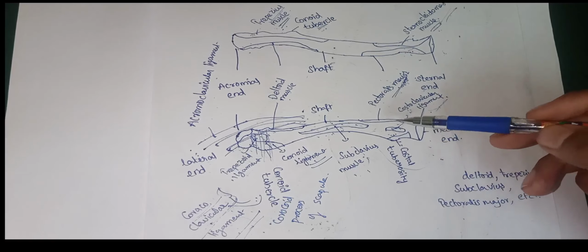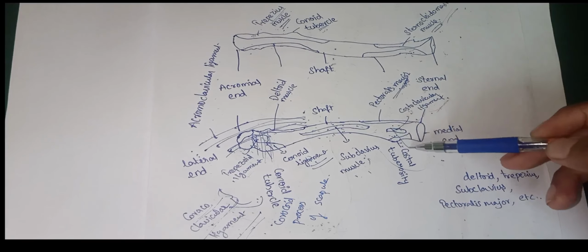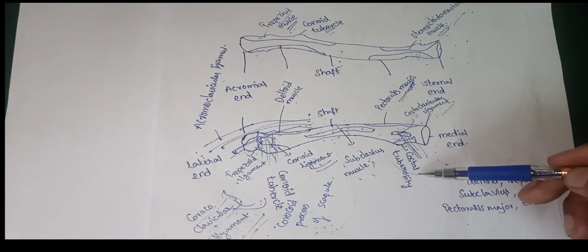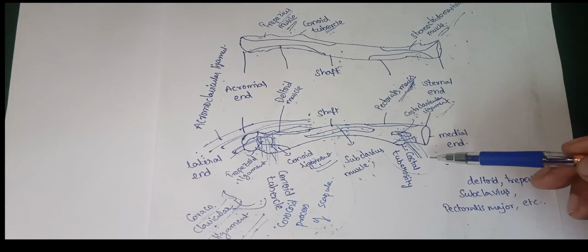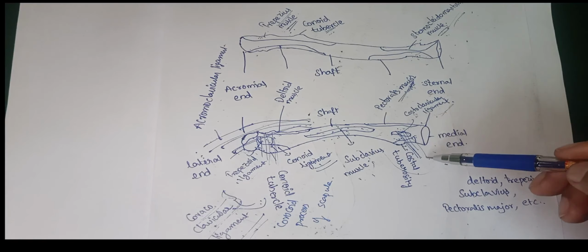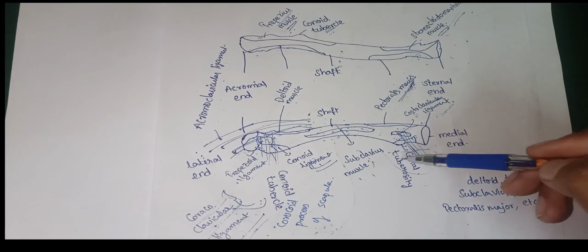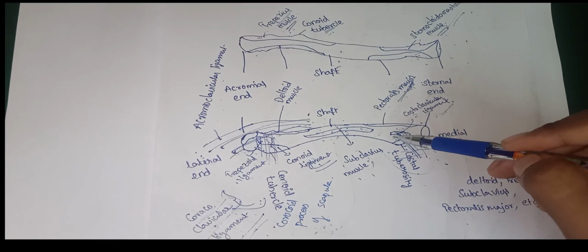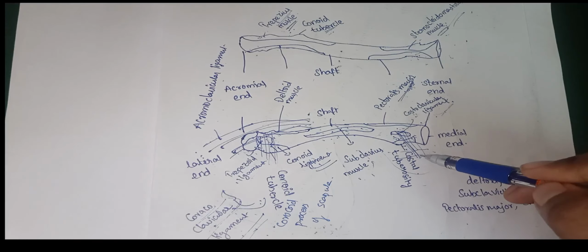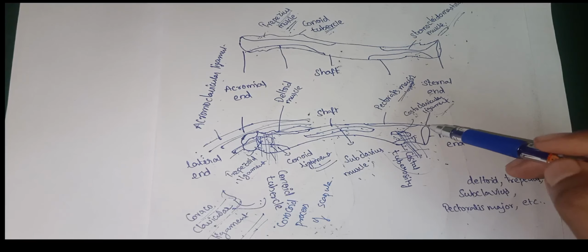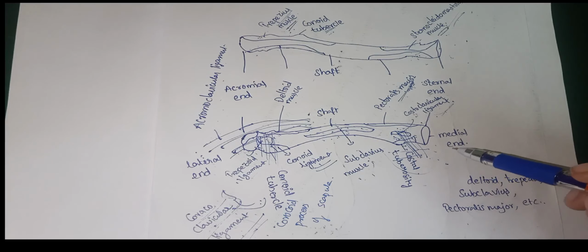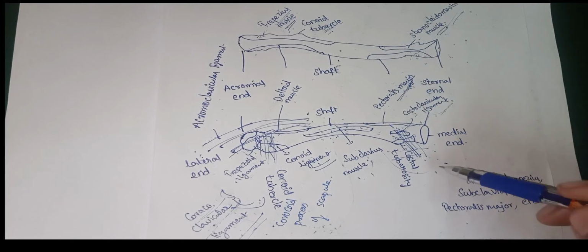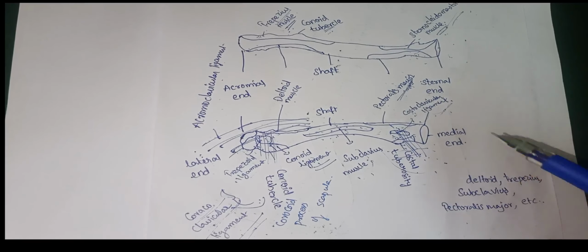It runs from the clavicle to the first costal cartilage, which is present under the clavicle.